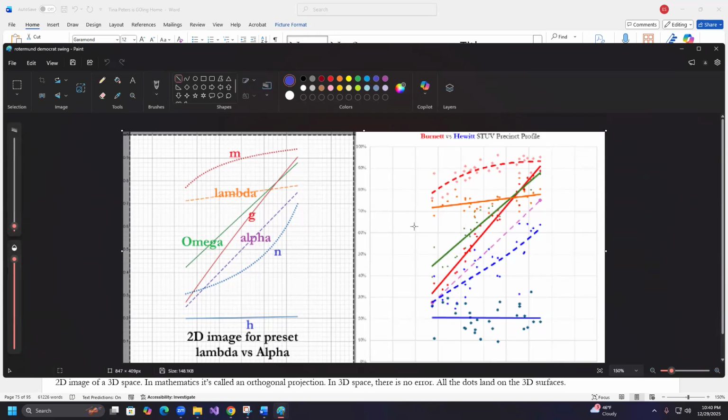Depending on the overall performance for the conservative candidate, which is the purple line, Democrats swung from 25 to 65% in support of Rotterman. I'm only looking at the Hewitt voters there.